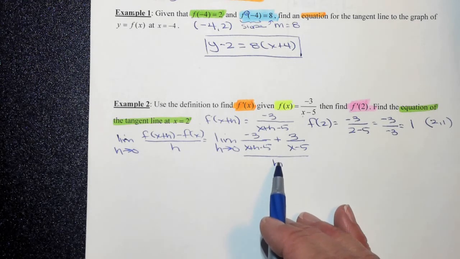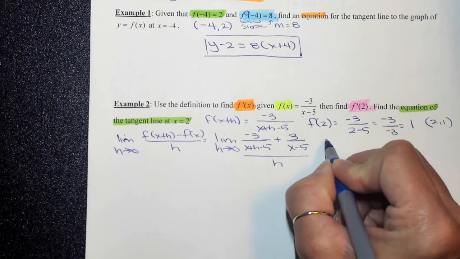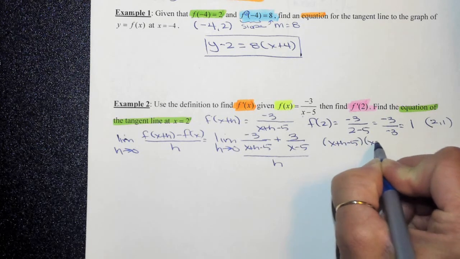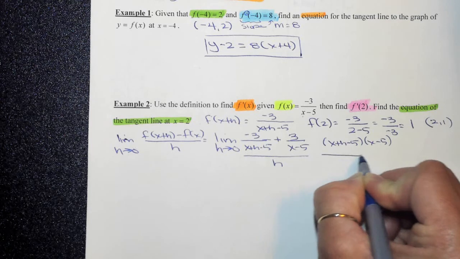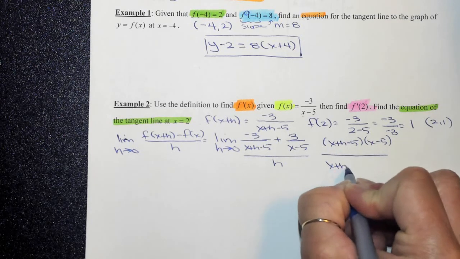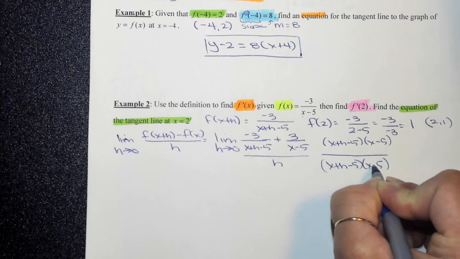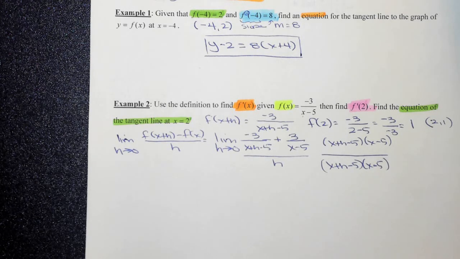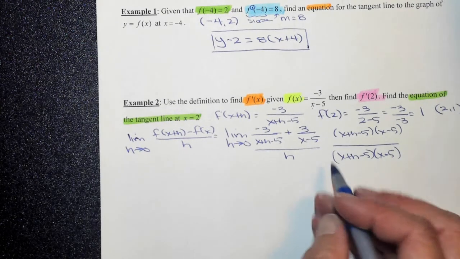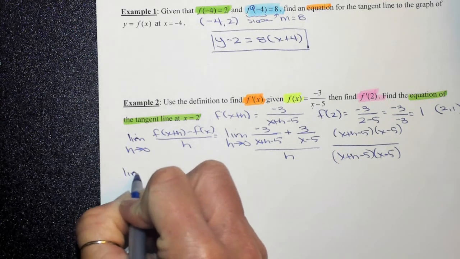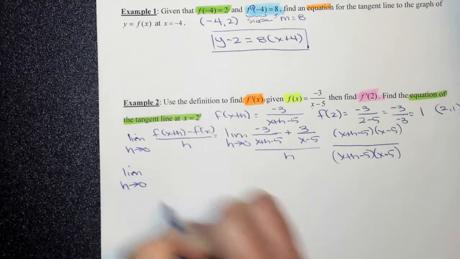So I need to simplify by multiplying and getting rid of this complex fraction. I want to multiply by the least common denominator, which is going to be x plus h minus 5 times x minus 5 over the same thing. Okay, so when I do that, what I want to do is distribute here and rewrite. So I have the limit as h approaches 0.